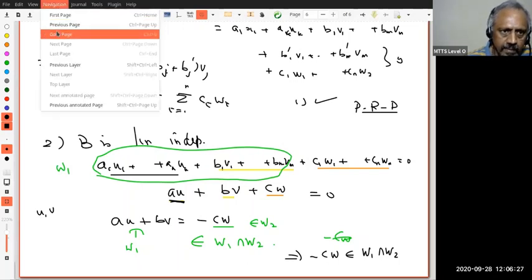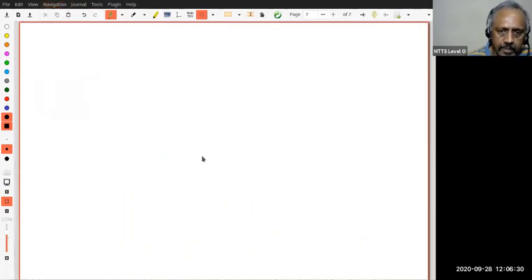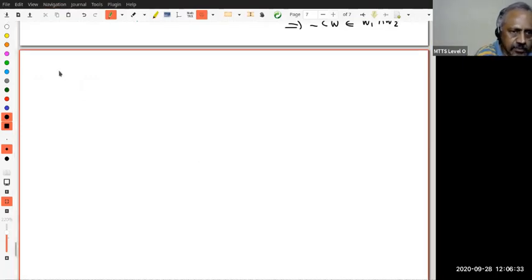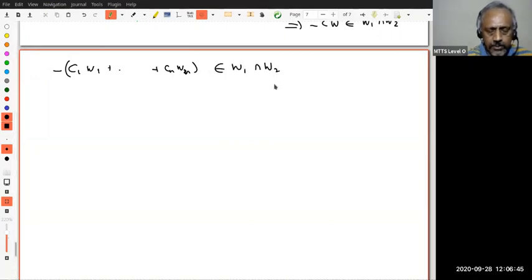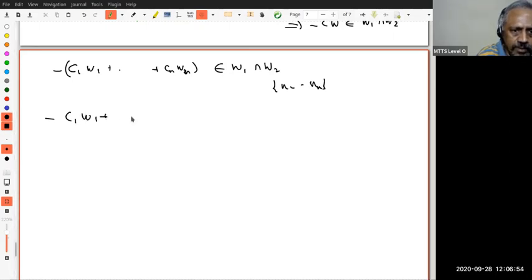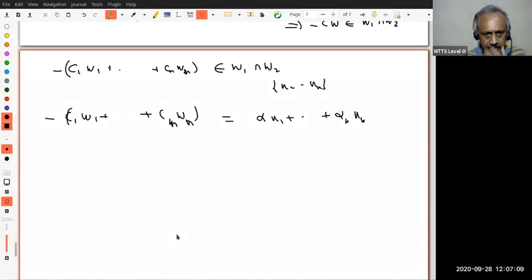But the basis for W1 intersection W2 is u1 to uk. Therefore, this I should be able to write as c1 w1 plus ... plus cn wn equal to alpha1 u1 plus ... plus alphak uk. This is m, this is n, right? Yeah, n.